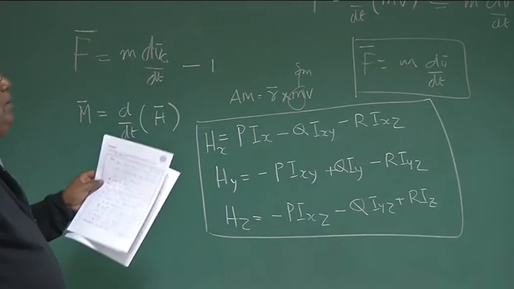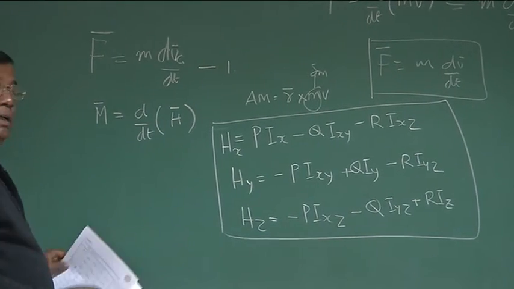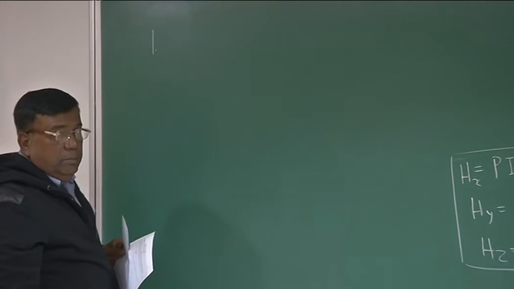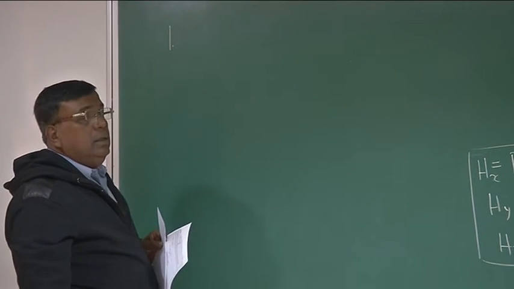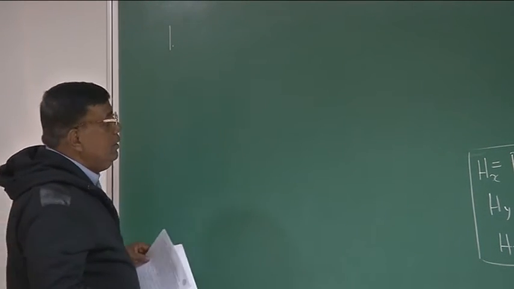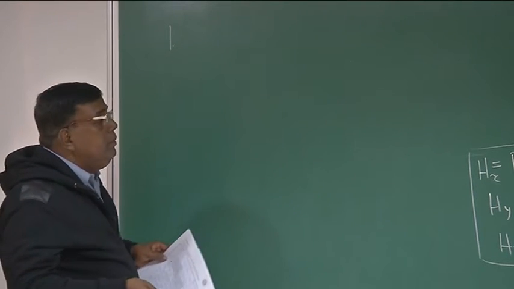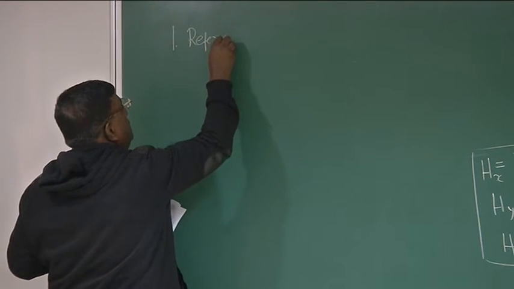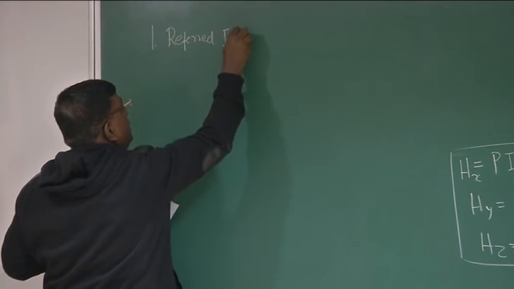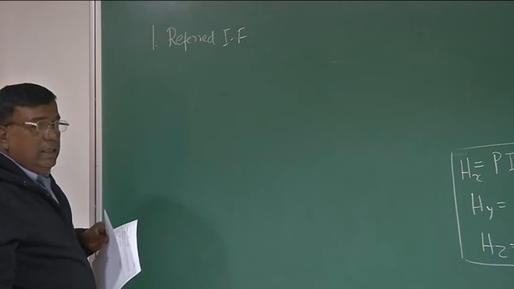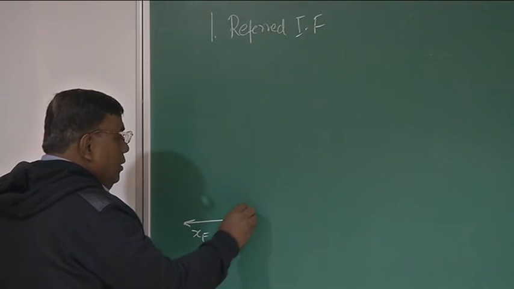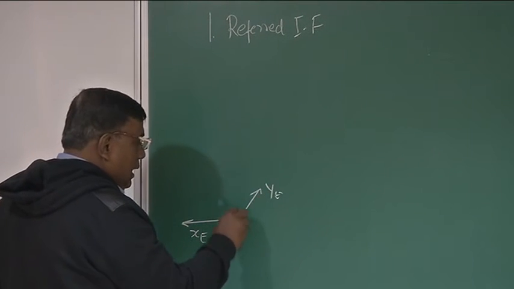So I will go a little more into this so that you are clear what exactly is happening. One thing we should not forget: since we are applying Newton's laws of motion, we define everything, the velocity, angular momentum, all these things, with reference to an inertial frame, right? And in our study, what is the inertial frame? It is the earth-fixed inertial frame. So this is XE, YE and ZE.